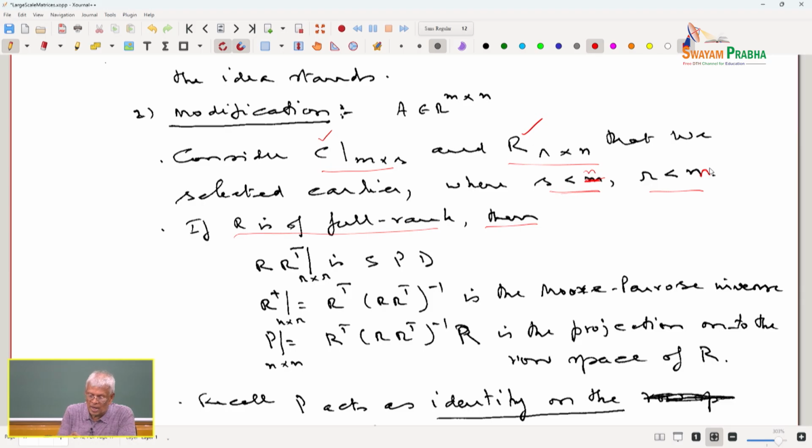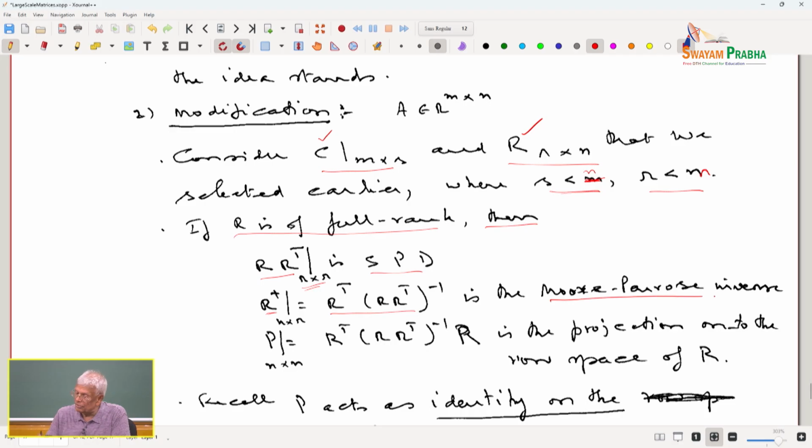If R is full rank, then R R transpose is an SPD matrix. Please understand, R is r by n, and R R transpose is a smaller matrix, an r by r matrix, an SPD matrix. I can compute its generalized inverse, which is R transpose times (R R transpose) inverse.